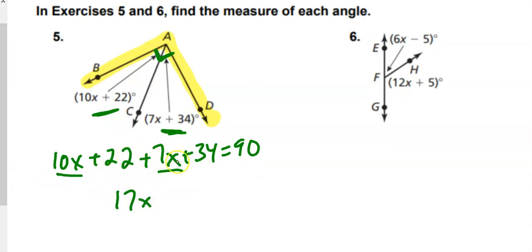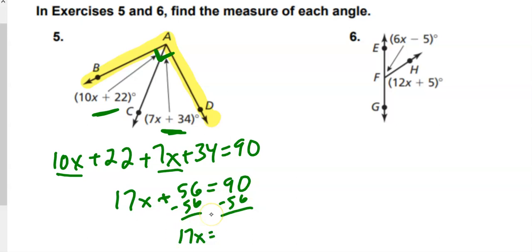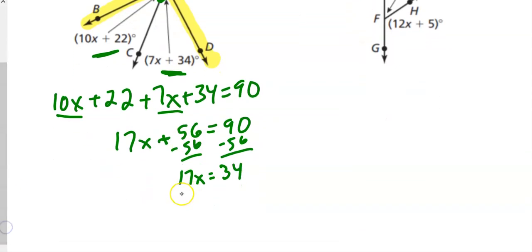Then we have 22 plus 34, so that's going to give us 56. I'm going to subtract 56 from both sides. So 17x equals, that's going to be what? I believe 34. Yes, and then divide by 17, which should give us 2.